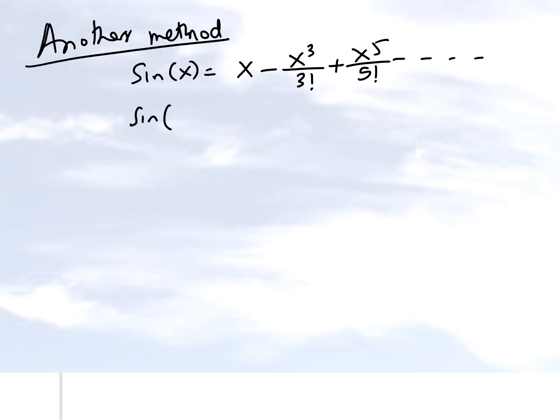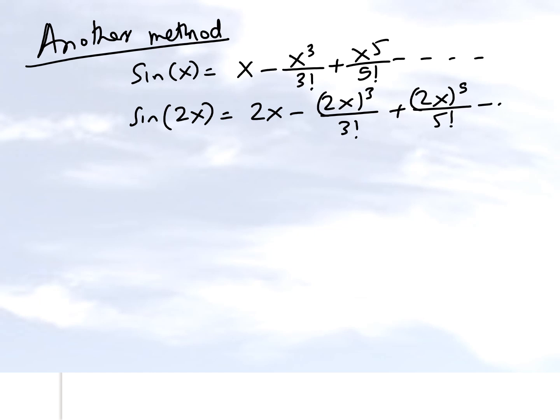We know that the Taylor series for sine of x is x minus x cubed by 3 factorial plus x to the power 5 by 5 factorial, and so on and so forth. That means that we have sine of 2x given to us, right? So that'll be 2x minus 2x cubed divided by 3 factorial plus 2x raised to the power 5 divided by 5 factorial, and so on and so forth.